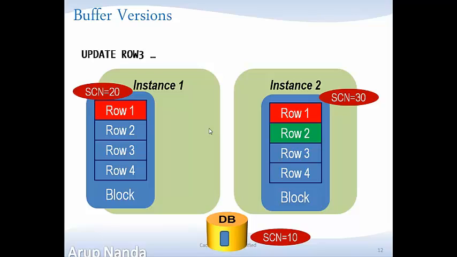Because if you update row number 3 on the buffer copy you have on instance number 1, there, row number 2 is not updated. Row number 2 has been updated on instance 2. Similarly, if you update row number 3, how do you know that row number 3 also has been updated on the copy of the buffer on instance 2?